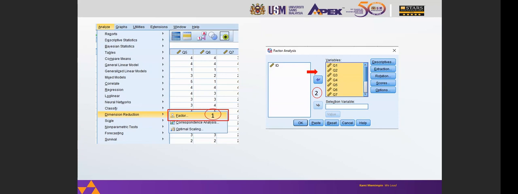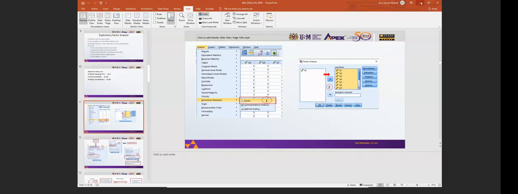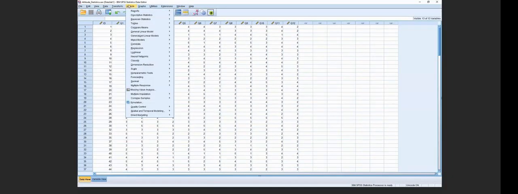We'll go to Analyze, Dimension Reduction, and choose Factor. I'll show you SPSS. You can see my SPSS, right? Yes, doctor.